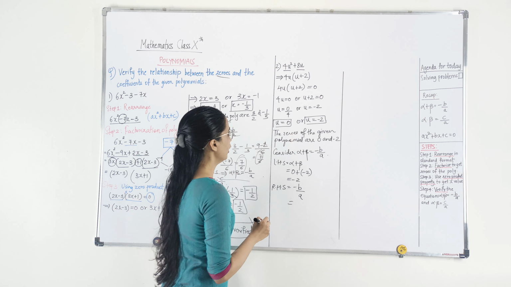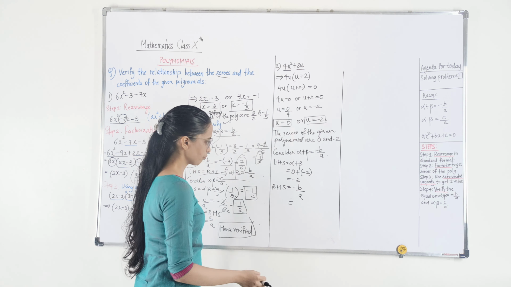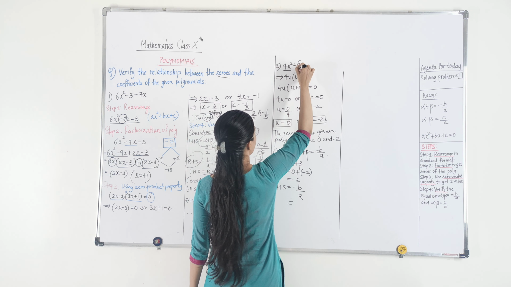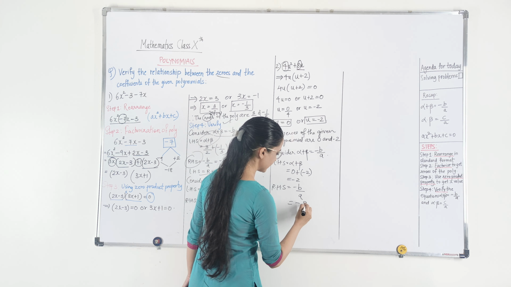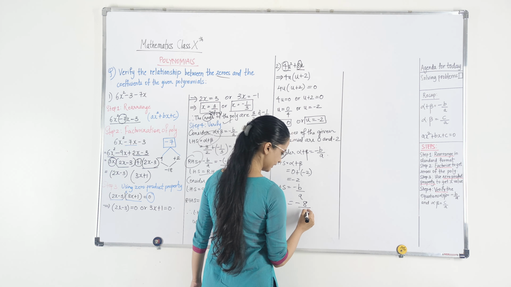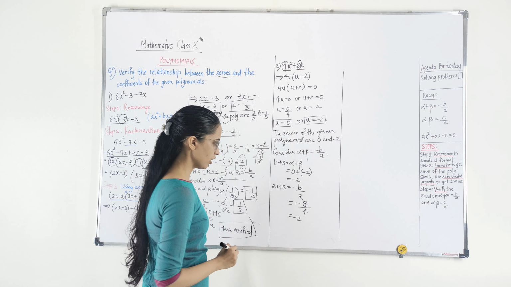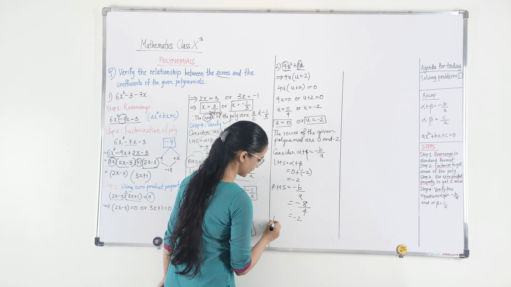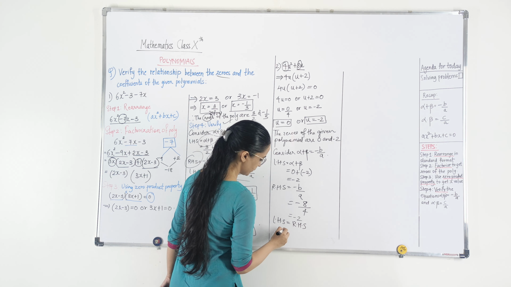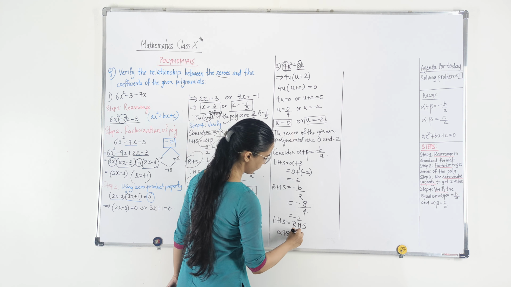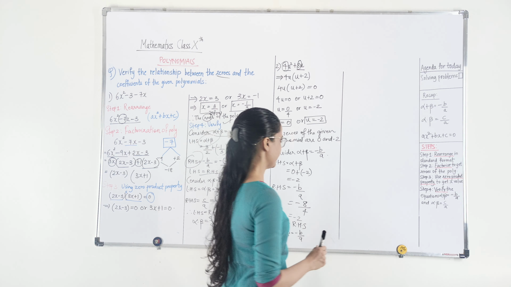If you compare minus b by a with this equation, this is your b and this is your a, right? So your b is 8 and your a in this case is 4. Minus 8 divided by 4 gives you minus 2. So your LHS is equal to your RHS. If your LHS is equal to your RHS, it means alpha plus beta is equal to minus b by a. This is the first equation that we have verified.